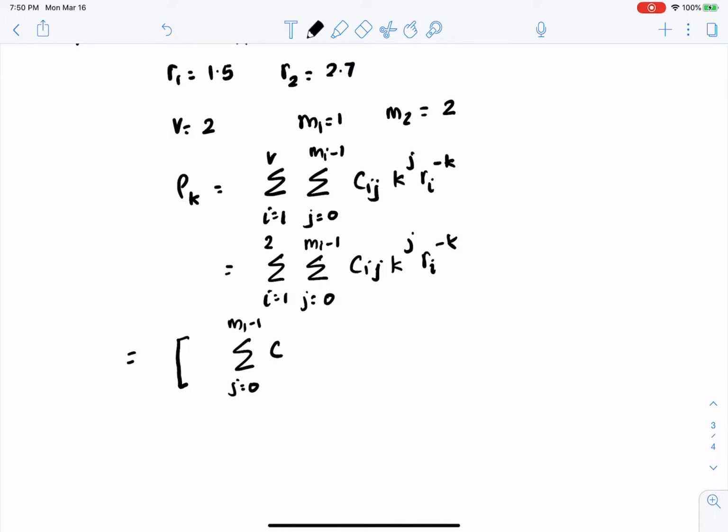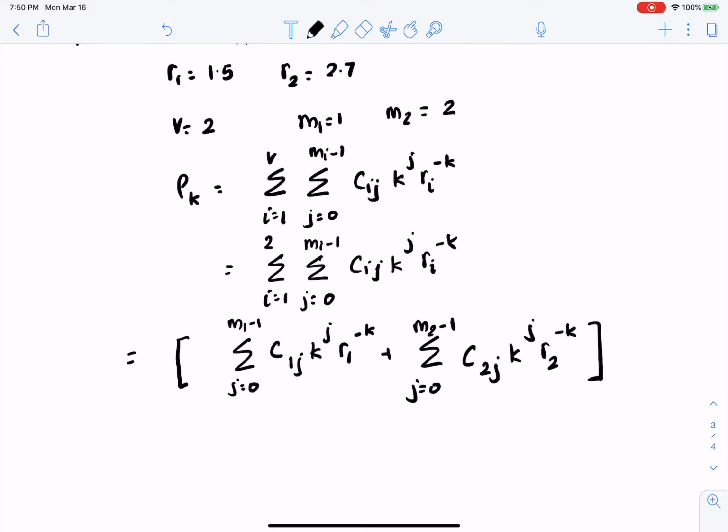I is 1, so I'm going to plug in 1, C_1j, k raised j, R1 raised negative k. Next, we have i is 2. If i is 2, m_i becomes m2 minus 1, and I'll have C_2j, k raised j, and R2 raised negative k.